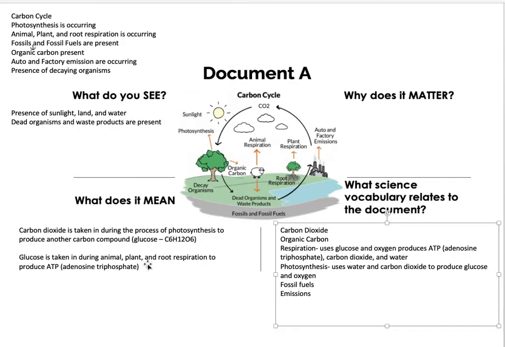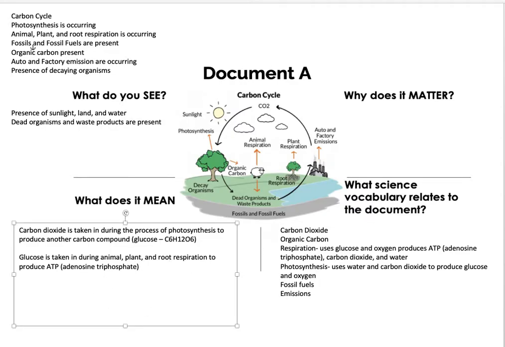Okay, and ATP is energy. Okay, so glucose is taken in during animal, plant, and root respiration to produce ATP, adenosine triphosphate, which is energy, as well as carbon dioxide and water. Okay, so it cycles that carbon, the carbon in glucose, and it is going to convert it to another carbon compound, carbon dioxide. So that is what it means.